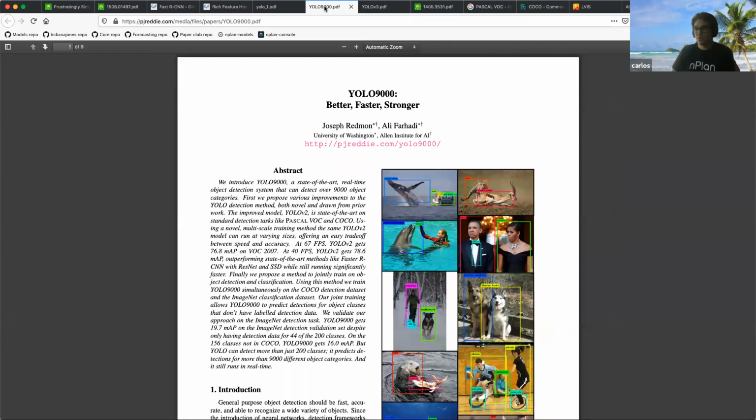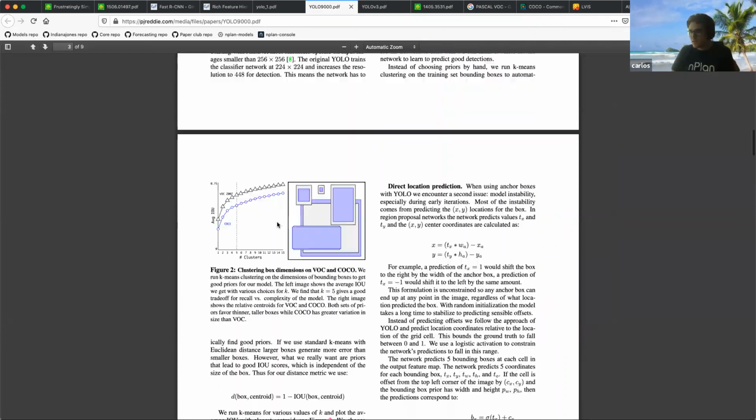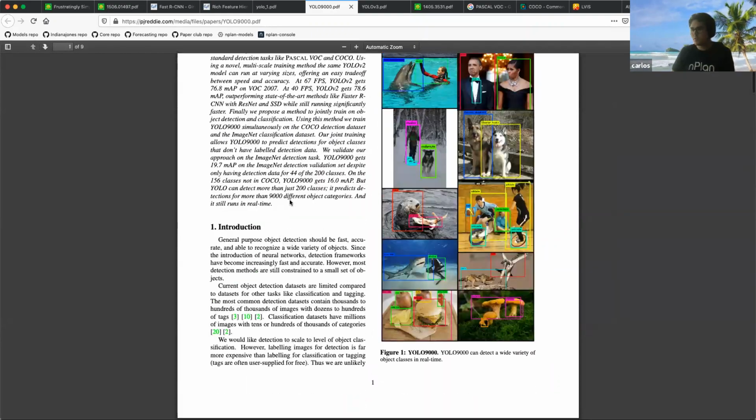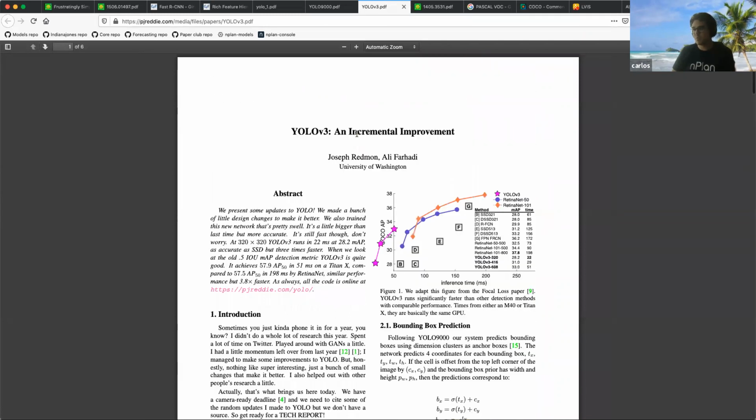Of course, YOLO was updated, and in their own fashion, they called it Better, Faster, Stronger. I can't remember what the update was here, but basically they make better bounding boxes. And there is a final paper for YOLO, which is an incremental improvement.